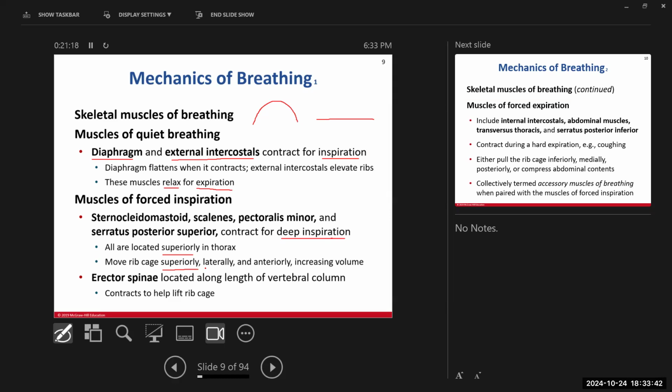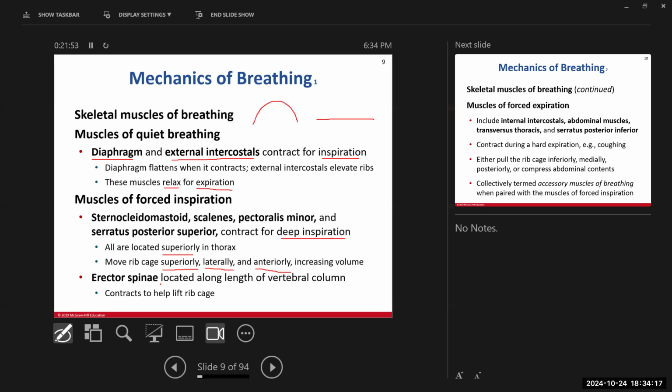The second is laterally, we'll make it wider on the sides. And then finally, anteriorly, front to back. So those are the 3 directions when you take a breath, whether it's with normal eupneic breathing or with forced inspiration.